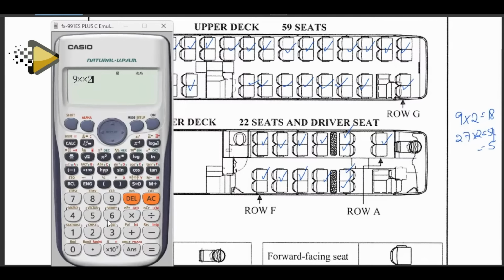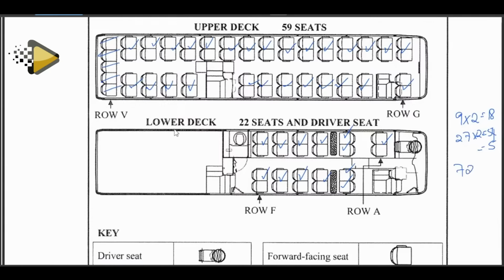Times 2 plus 54. You have 72. You see that? 72. Well, 72 minus 4, you give me 68.